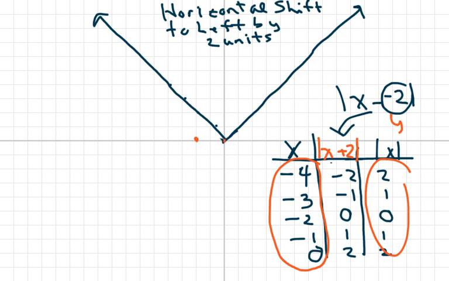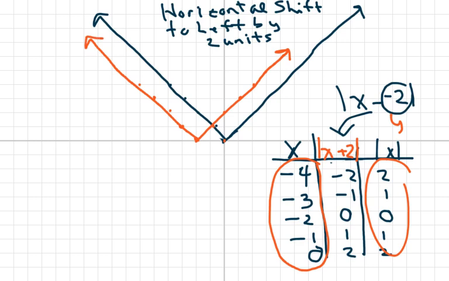We know we have the positive portion, so rise over run by 1. And graph it this way. And then we have the negative portion, so we're up and over. Up 1 over 1, up 1 over 1, up 1 over 1. So you could just graph it like that. And we just shifted the whole graph to the left by 2 units.